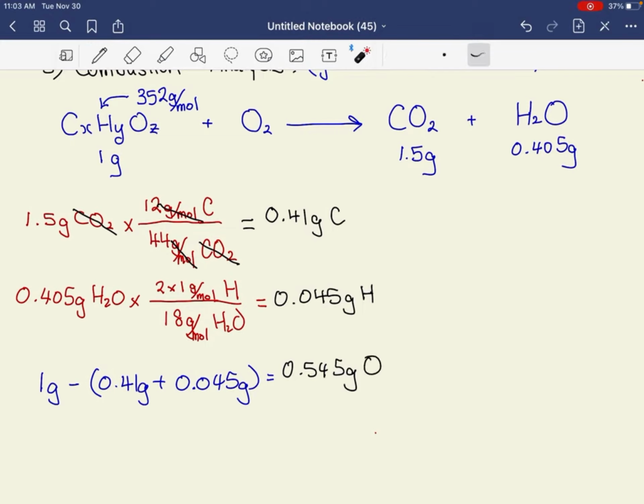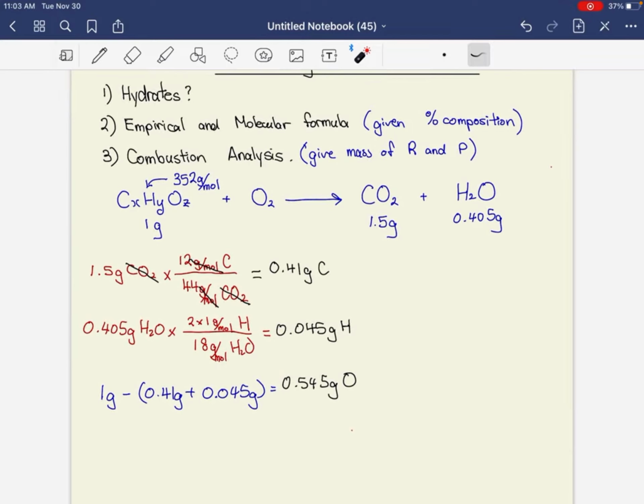Hey, look at this question. Now we have the mass of all 3 participants that make up the fuel. Doesn't this look just like one of those regular questions we solved 10 minutes ago? Okay, with empirical formula analysis, right?